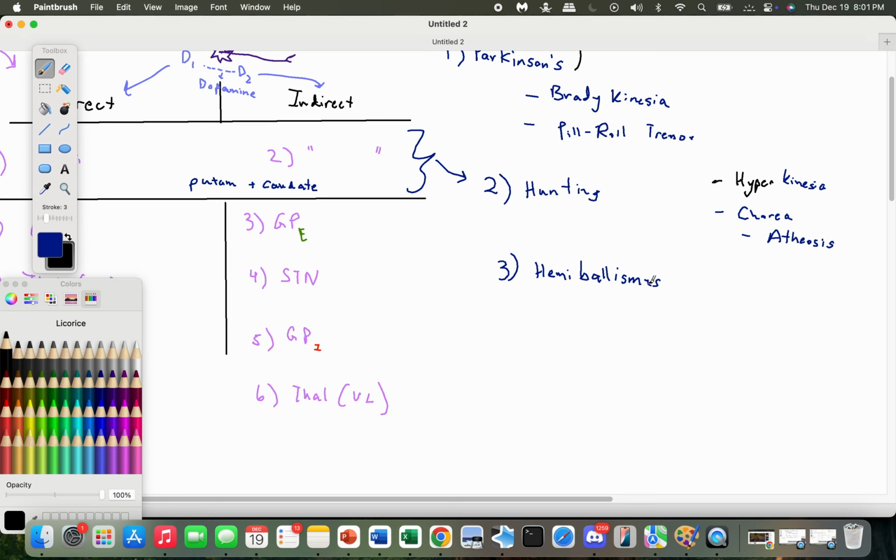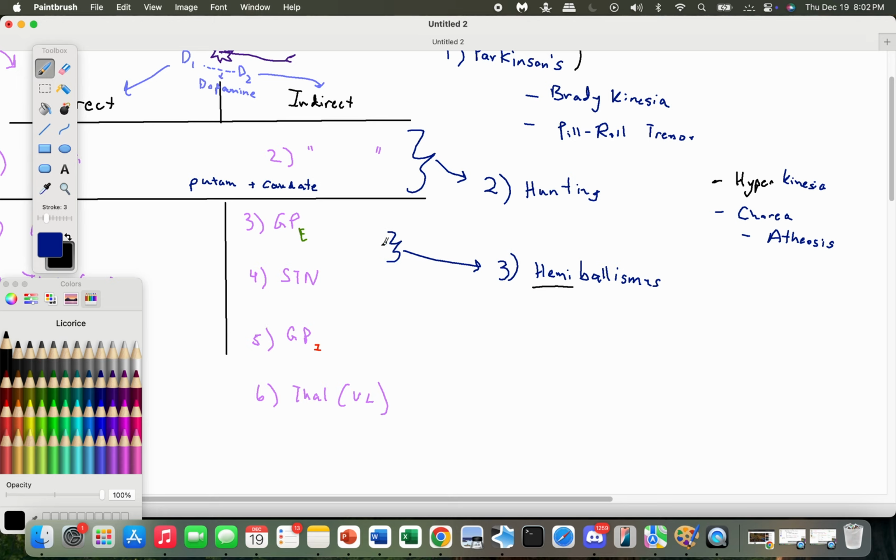So hemiballismus, as you can see, it's hemi, it affects contralateral limbs, and it's associated with focal subthalamic nucleus lesions. So hemiballismus is actually a disorder of this section right here in between. And now you're thinking, well, you just told me subthalamic nucleus. Well, why are you drawing it here?